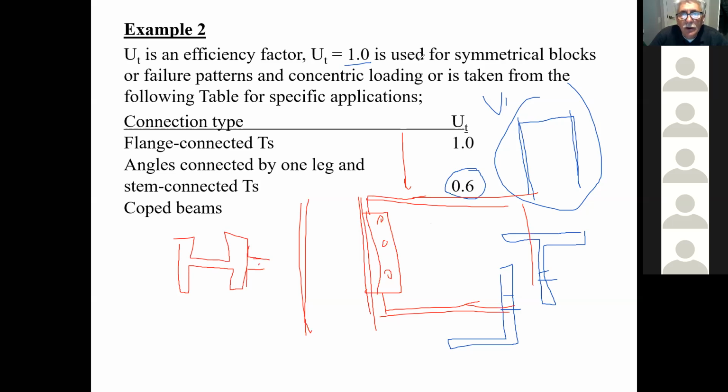In order to do that, they cope the beam. They cut this part off, and therefore you can drop the web right in between these two spaces. This is what they mean by a coped beam. They will cut off the bottom flange and part of the web.